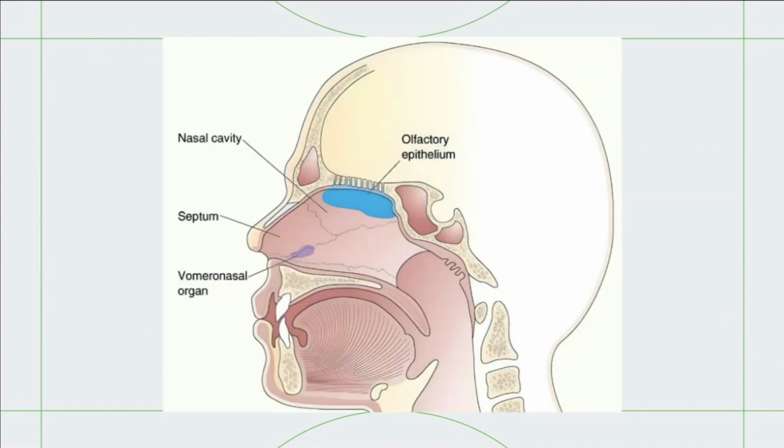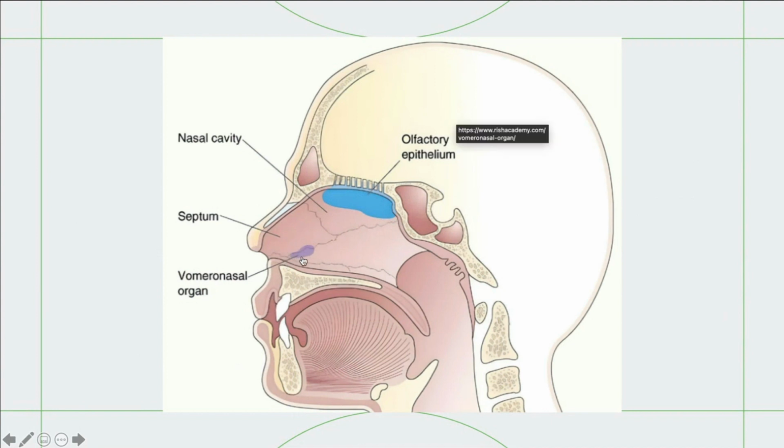Okay, so here we can see this is where the olfactory epithelium is. It covers the part of the nasal cavity. And we said that it has mucus in order to really trap the odorants, so that we're able to detect these odorants. The vomeronasal organ is right here.